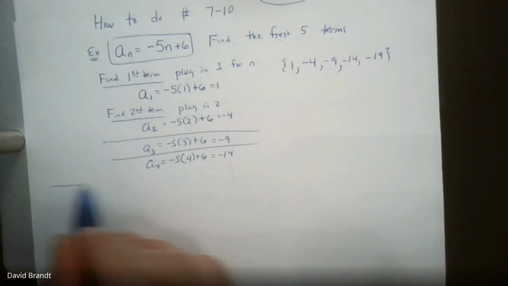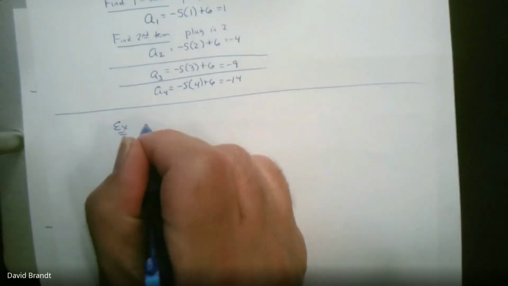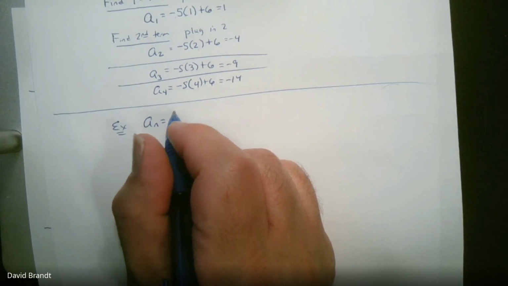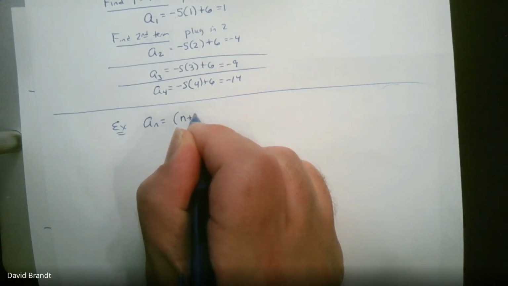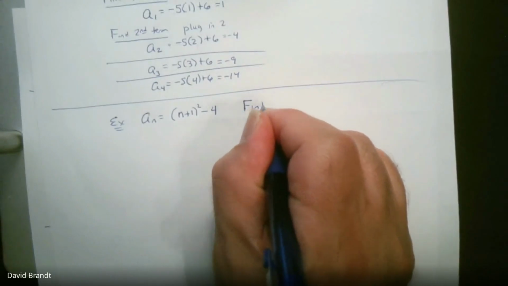All right. Let's do another one. I like doing math problems. Let's do one with an exponent in it. Let's say we'll do (n plus 1) squared minus 4. Find the first 5 terms.